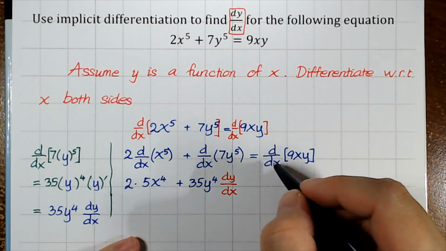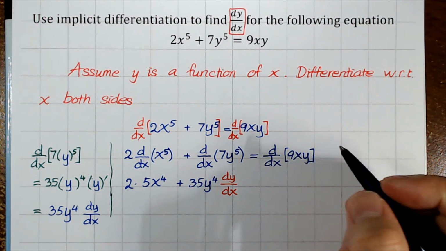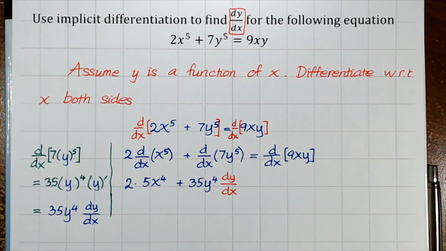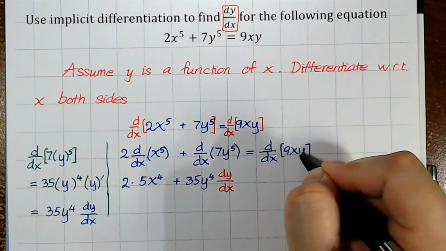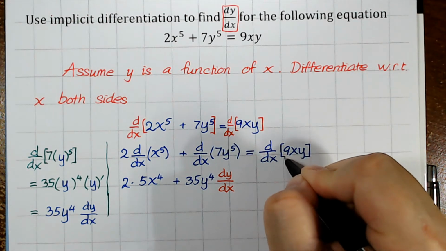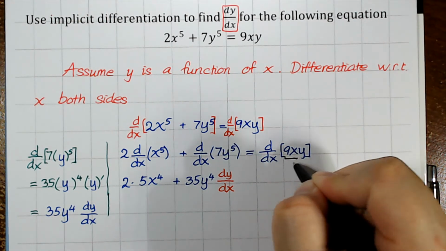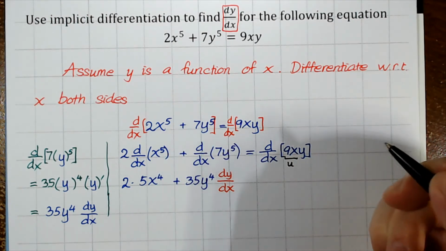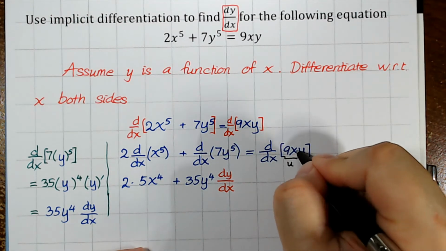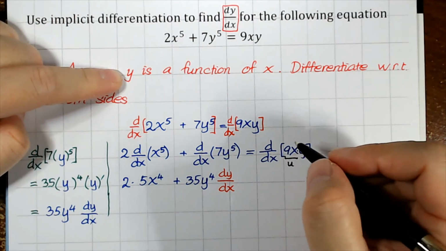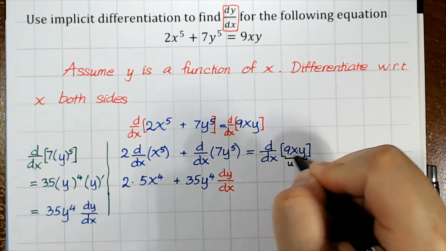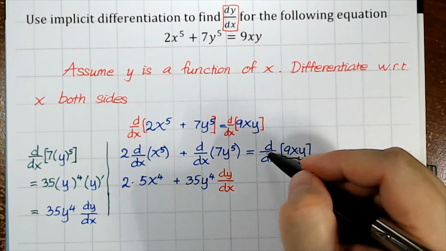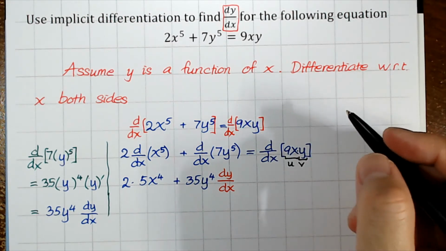On this side, when we take the derivative with respect to x, now this is very important. We have 9x, a function of x, obviously, so we can say this is a function of x. And then y is a function of x as well. So we have another function of x. So two functions of x multiplied together, the derivative of that, it must be the product rule.